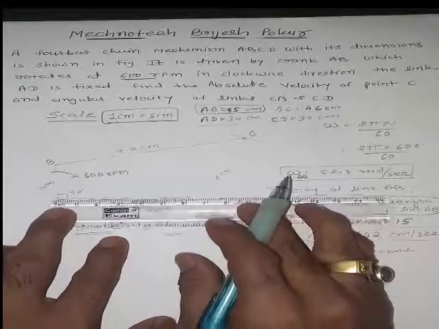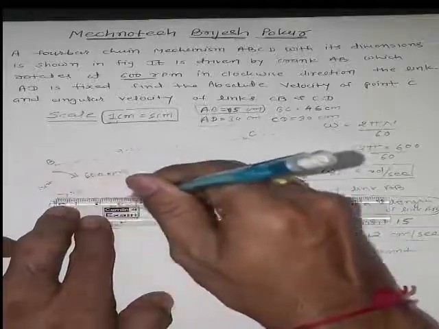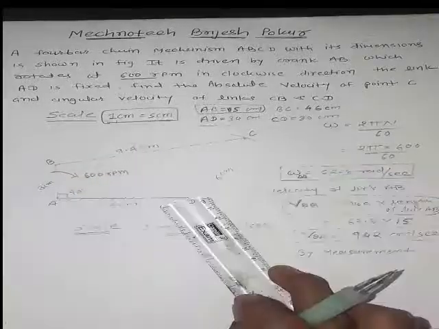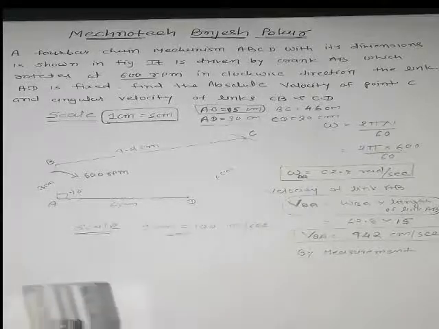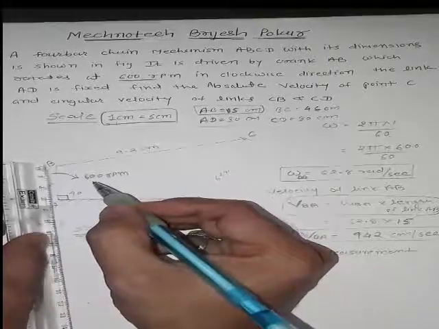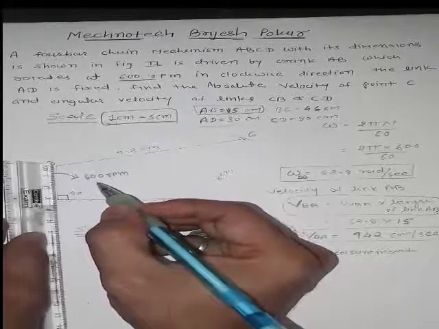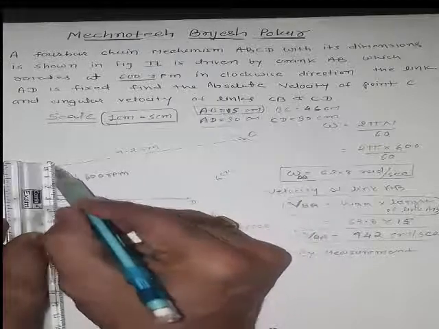Now AD is 6 centimeter, so first I have to draw this line. I have already drawn it to save time. AB is a 90 degree vertical line, 30 mm, so a 3 centimeter vertical line.